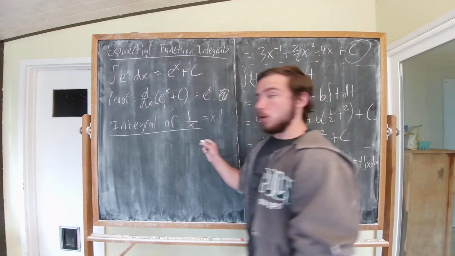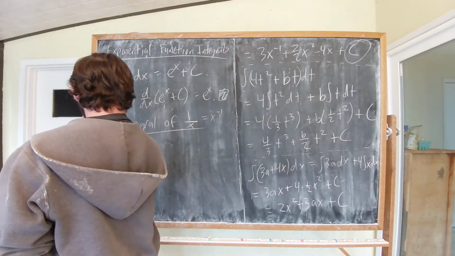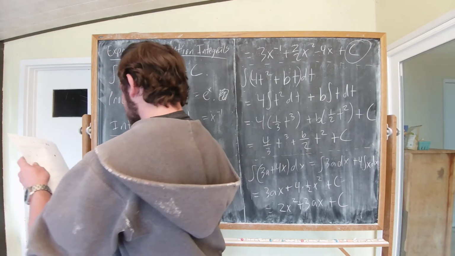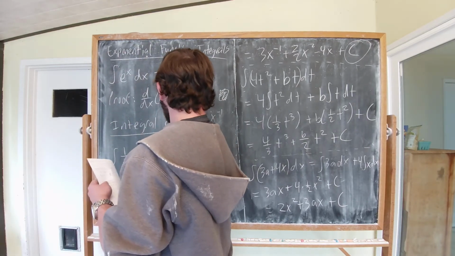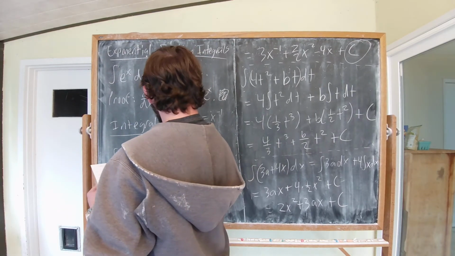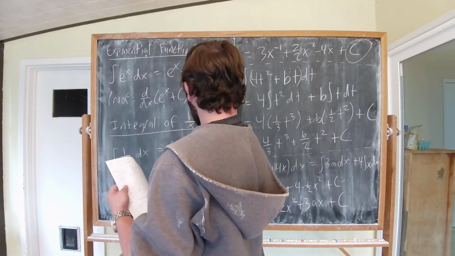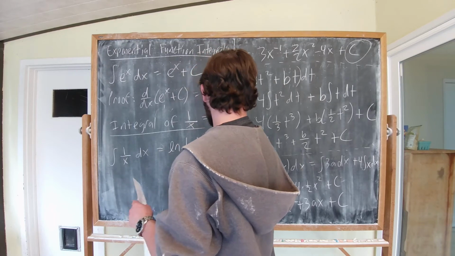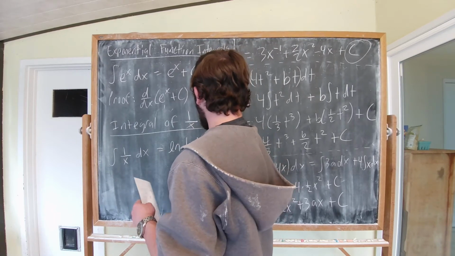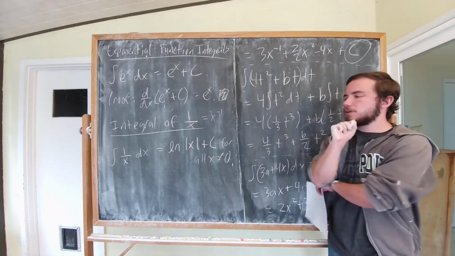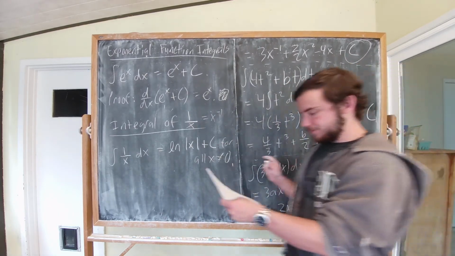Okay, the integral of 1 over x dx is going to be equal to the natural log of the absolute value of x plus c. And it's true for all x not equal to 0. Why is that?